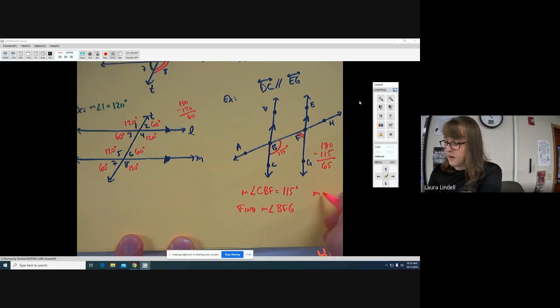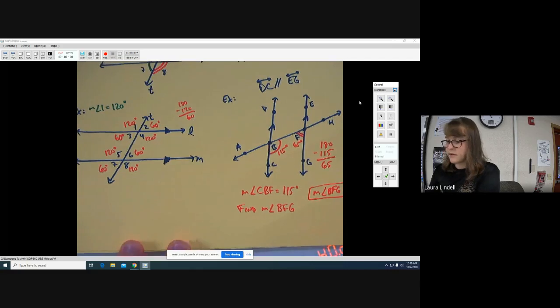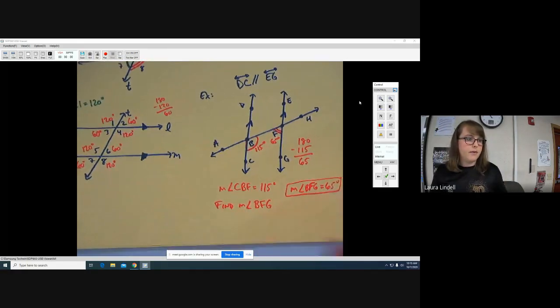So that means that the measure of angle BFG is 65 degrees. Okay. And there we go. Now we can actually see it. Angle BFG is 65 degrees because they're consecutive interior.